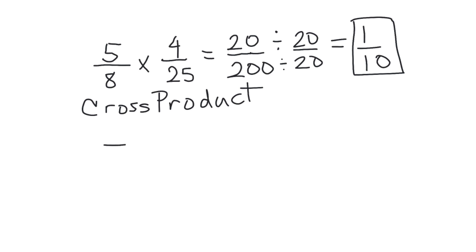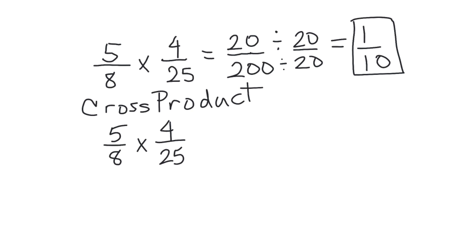So if we have the same 5 over 8 times 4 over 25. If you notice that there is a number on the top of one fraction that has a common divisor with the number on the bottom of a fraction, we can simplify first.